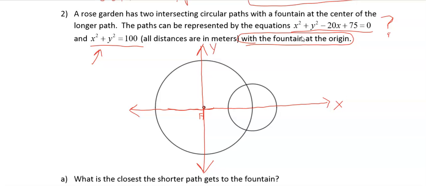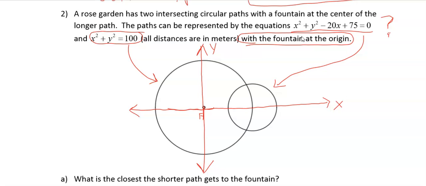And now I can tell which equation belongs to which circle. Because, you see this one again? That one right there has its center at 0, 0. And the fountain is at 0, 0, so look at that. That's that circle. And this other one up here, the one with the bigger equation, the general equation, that must be that circle right there.